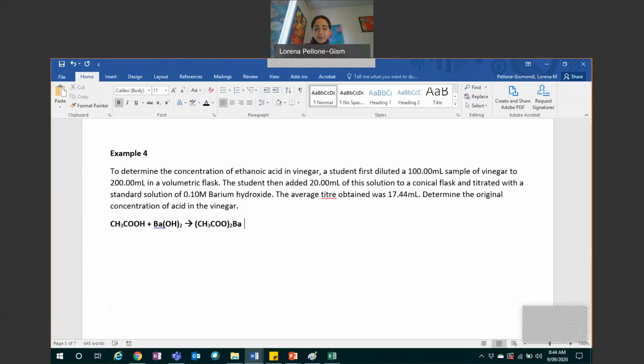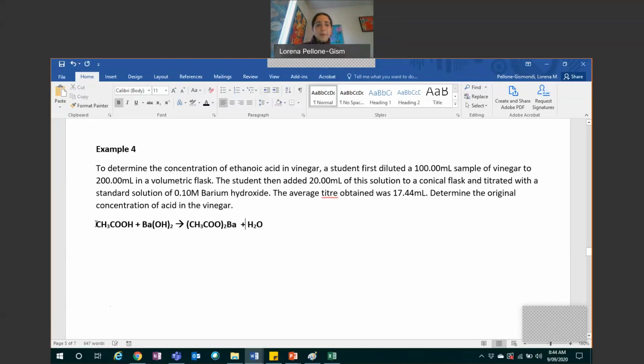Anyway, and then the other product is H2O. Okay, so we're going to put our balancing into play here. We've got 2 ethanoic acids to balance off with those 2 ethanoates, and we have 2 waters.